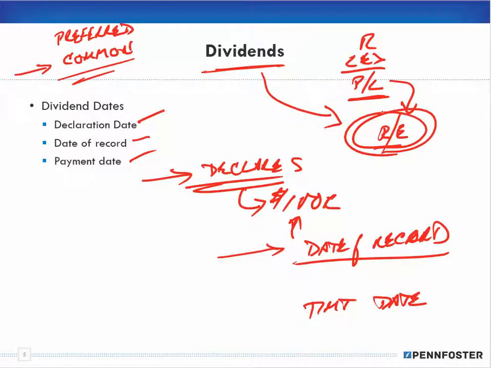And again, they'll declare it, which means that's the day that they're locked into it. They can't change their mind. The date of record is anyone who's a shareholder as of that date gets a share of that dividend, and of course, you see the payment date. People get those three things confused, but just keep that in mind as in the order presented.